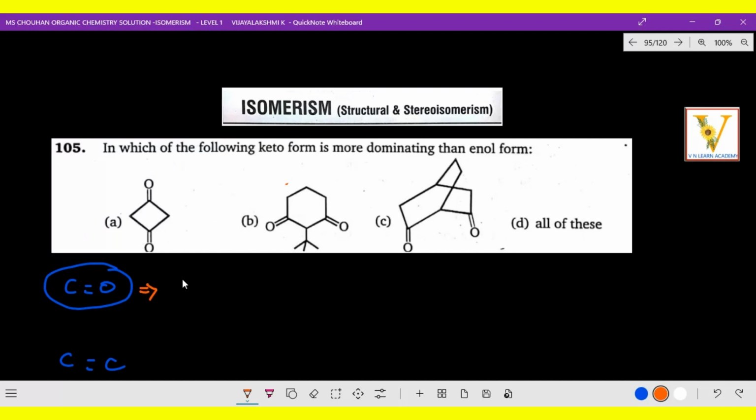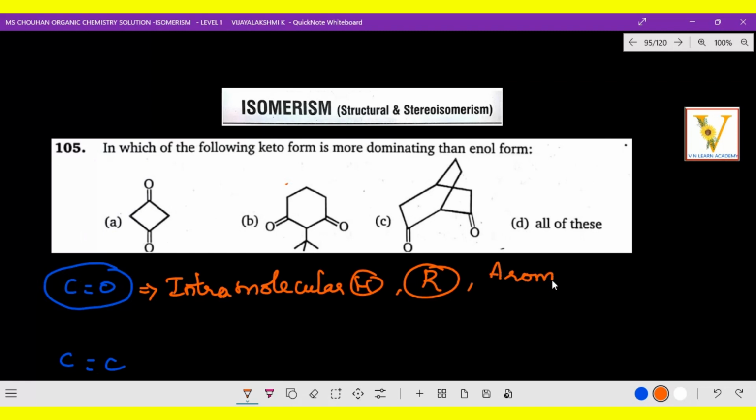First and foremost, intramolecular hydrogen bond will be available. Second point, resonance will be taking place. Third point, aromaticity. So these are the points that make C double bond O more stronger than enol form.